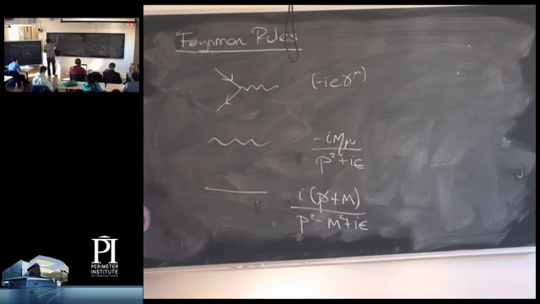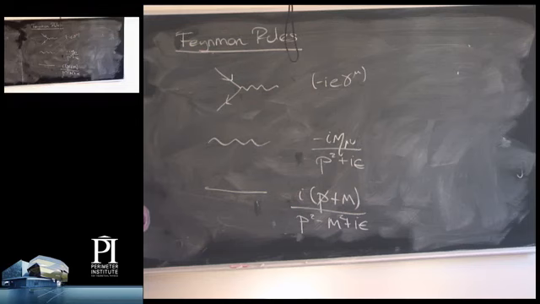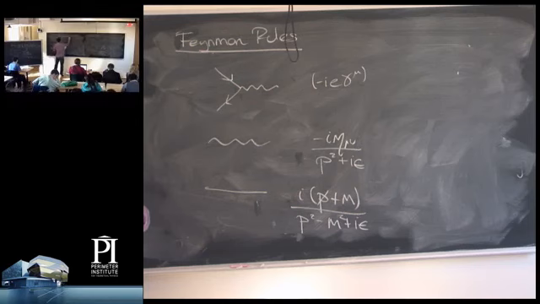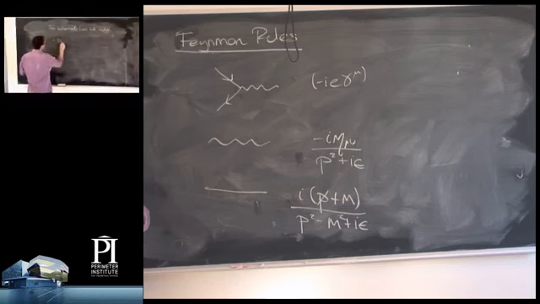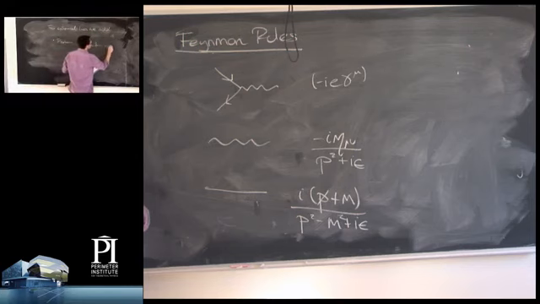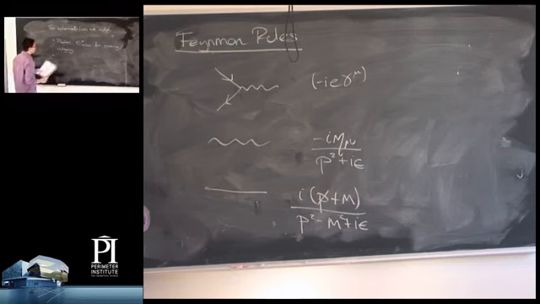So for external lines, we add the photons. So we just add some polarization vector that stipulates what the polarization is. And for fermions, we add what we saw before.